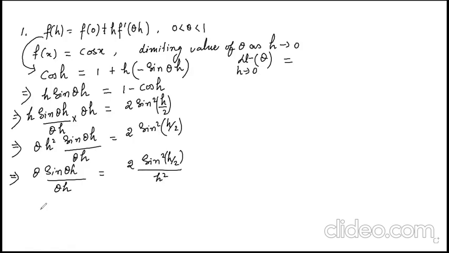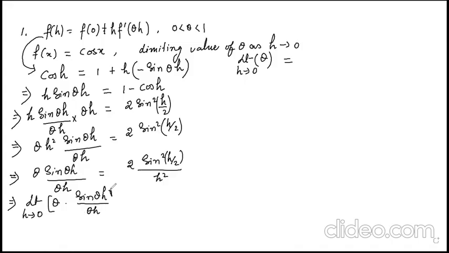Now, taking the limit on both sides as h tends to 0. The limit as h tends to 0, the left hand side will be theta into sin theta h divided by theta h.